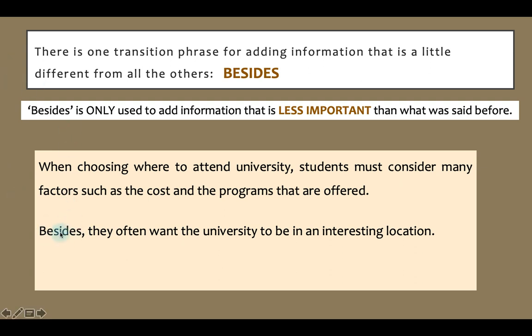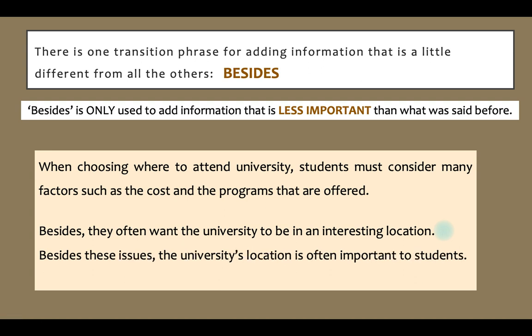But using "besides" tells us that the writer understands that this is less important and wants to share that with the reader. We can also do that with "besides" with a noun phrase afterwards. So, besides these issues, the university's location is often important to students. You have "besides" with a comma before a sentence, or you have "besides" with a noun phrase or a gerund phrase.